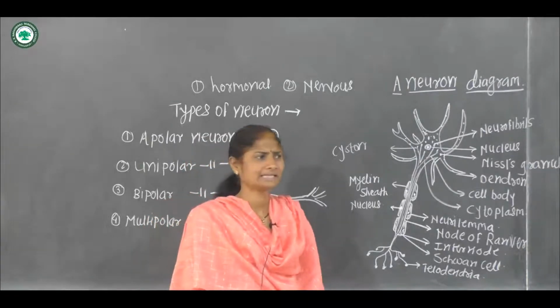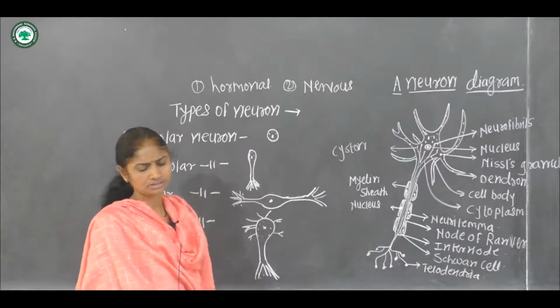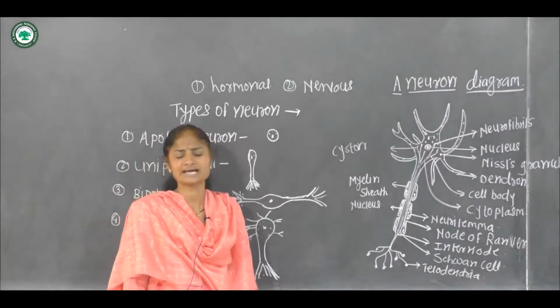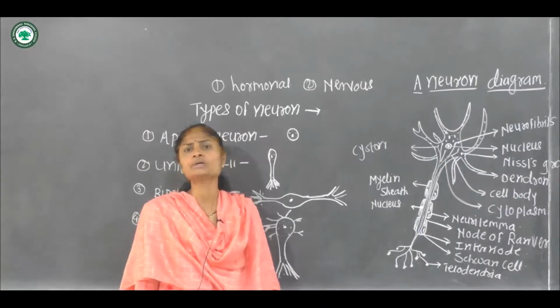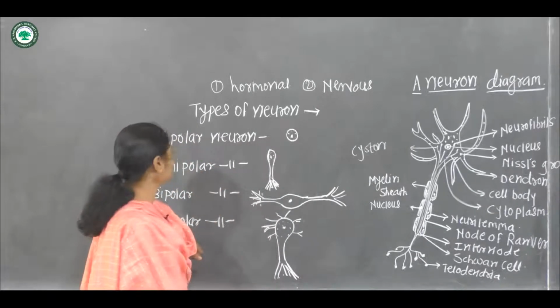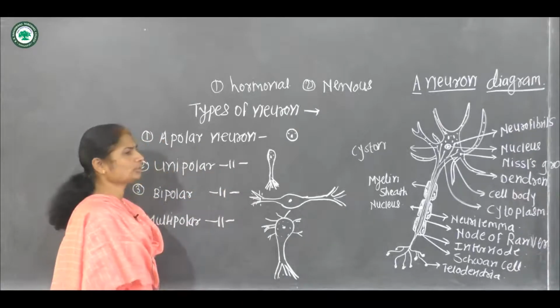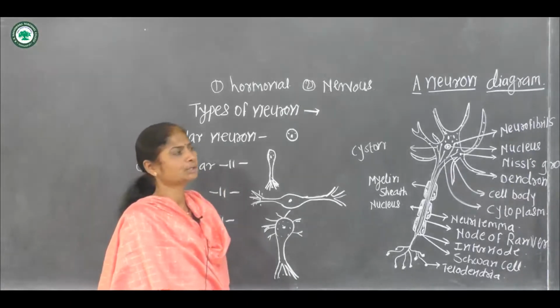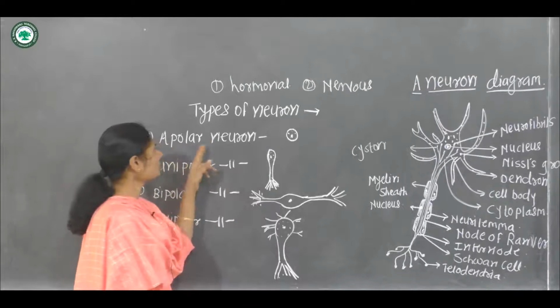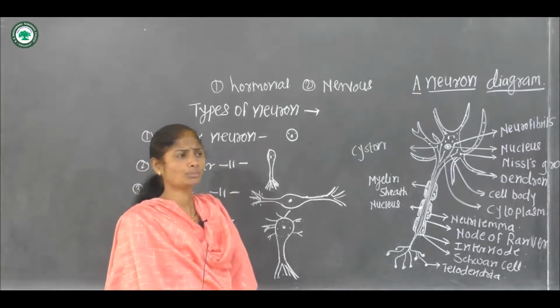The next point in our list is types of neurons. Neurons are classified according to the number of their processes. There are four types: apolar, unipolar, bipolar and multipolar neurons. In the apolar neuron there is no process.